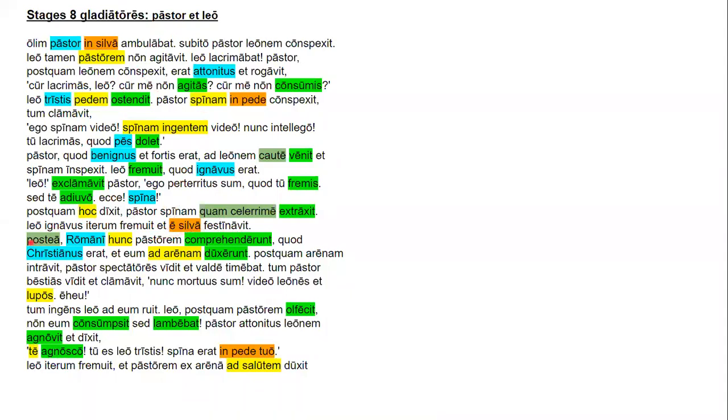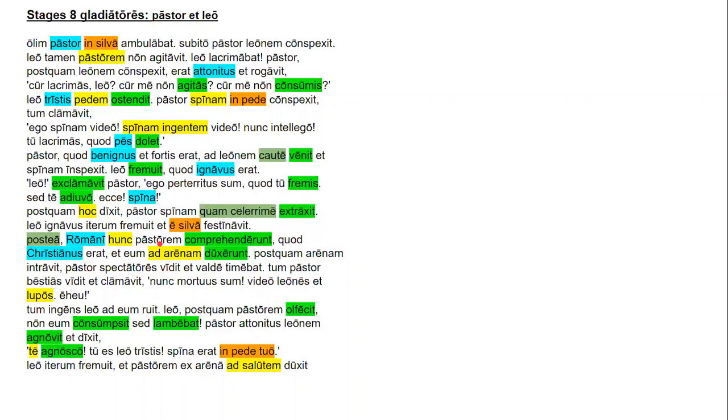Postea. Postea is another adverb, and it means "later." Romani is a nominative subject, and it means "the Romans." Hunc is another form of this same word as hoc, and it's another accusative form, right? So hoc is neuter, and hunc is masculine. And hunc this time is not standing alone, but it's actually modifying pastorem, which is a third declension accusative singular.